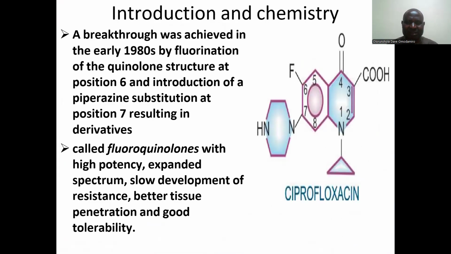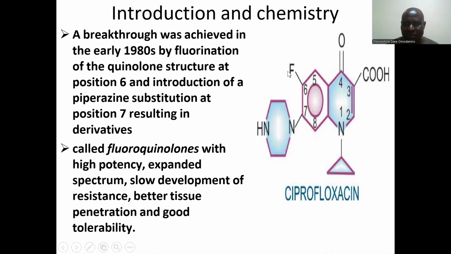Yes, as Rob said, as a way of introduction, a breakthrough was achieved in the early 1980s by fluorination of the quinolone structure at position 6, and introduction of a piperazine substituent at position 7 resulted in this derivative.